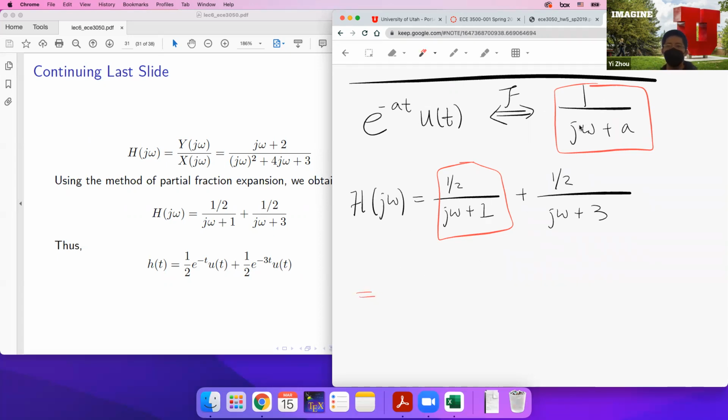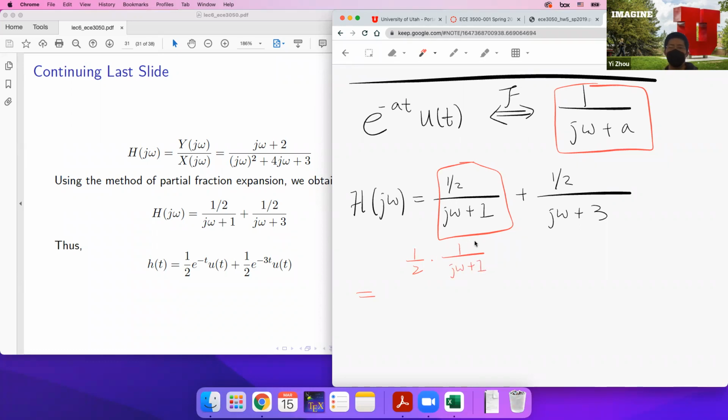If you compare these two, you can see that this small a should be 1 here. And here you have 1 in the numerator, but here you only have 1/2. So you can view this as a simple linear scaling, and Fourier transforms are linear. So you can first rewrite this as 1/2 times 1 over jω plus 1.